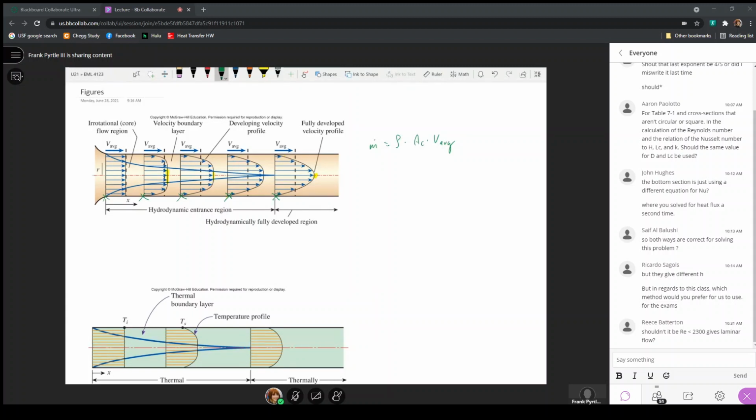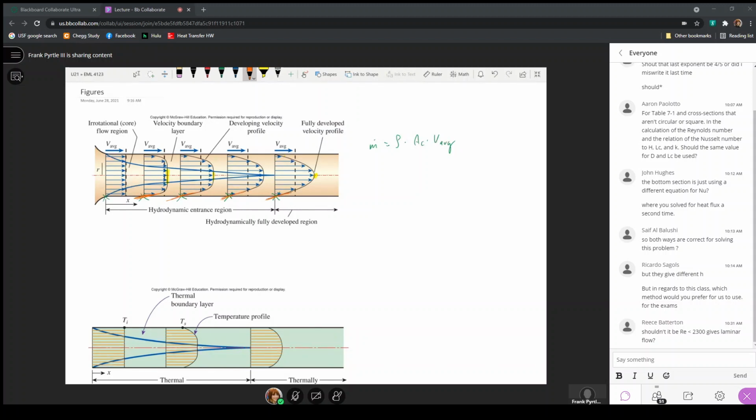Until this velocity boundary layer grows together, the velocity distribution changes, and in particular for hydrodynamic calculations, which usually involve the pressure drops we're considering, notice here that the slope at the surface actually changes.